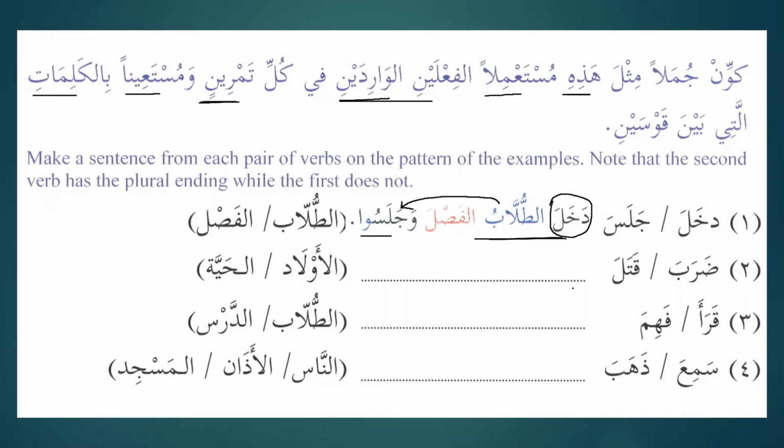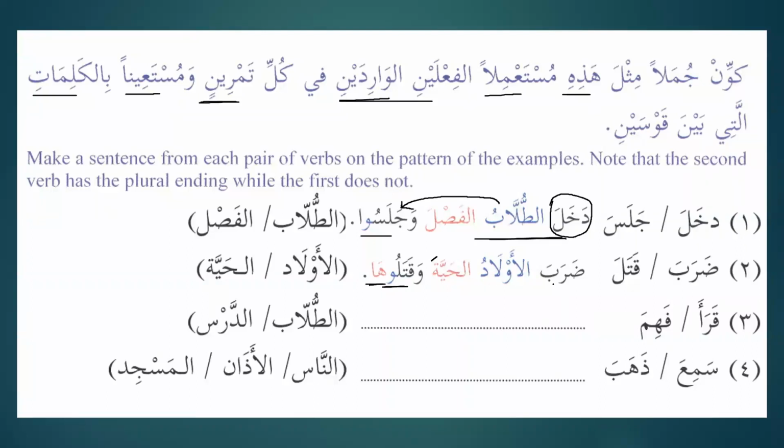Yes, the next one. What should be the next sentence? ضرب الأولاد الحية وقتلوها. The boys hit the snake and killed it. Now قتلوا, after that ها will be the attached pronoun and it will be the object.